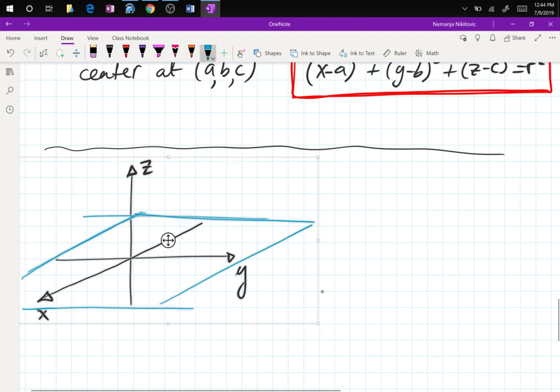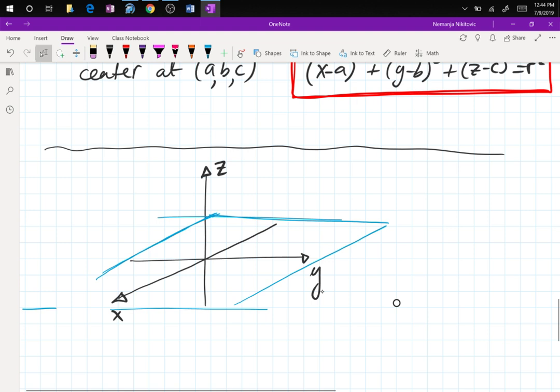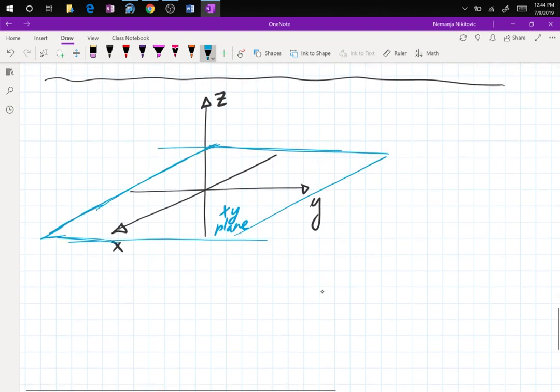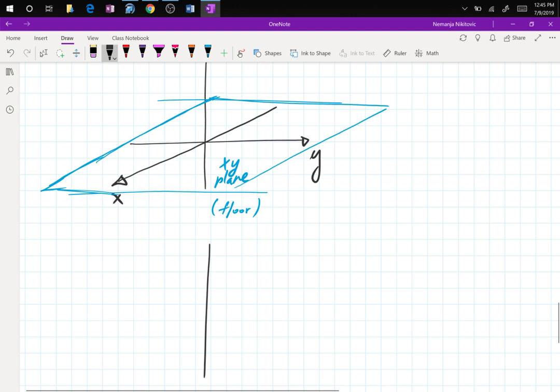If you draw this too close to the edge, just move it like that. So this plane has the x-axis and y-axis living in it. So that's your xy plane. And I will frequently refer to it as a floor.